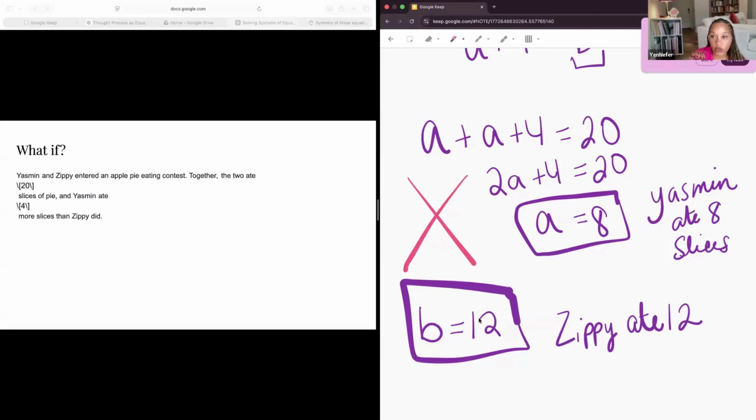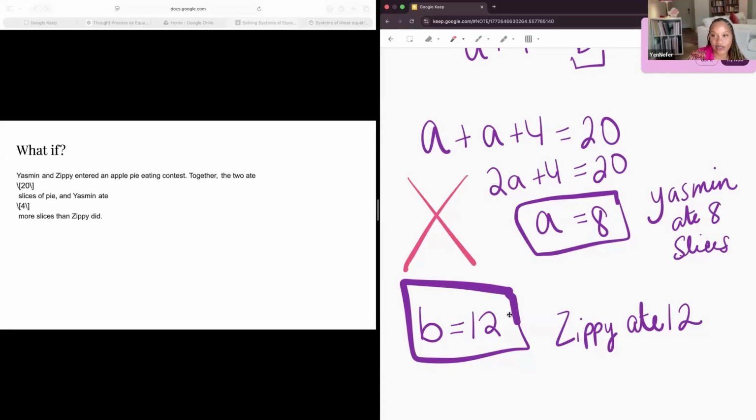What happens when you accidentally misdefine your variables is you reallocate the value to someone else or to something else. Yasmin's true value was 12, and Zippy's true value was 8. But because you misnamed and mislabeled the variables, you switch the values.